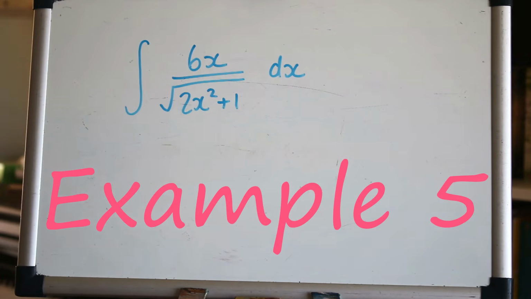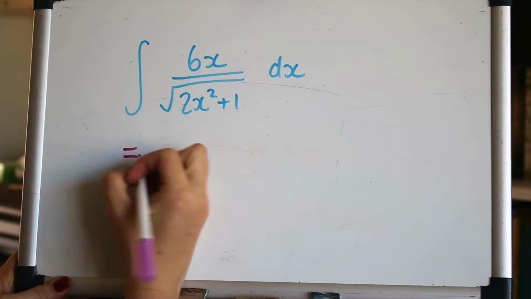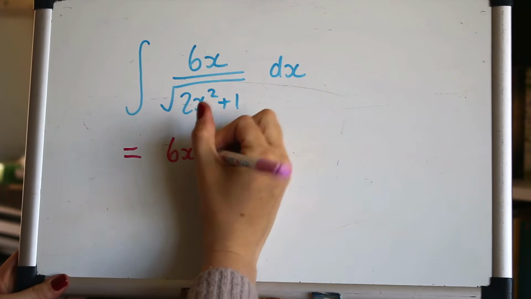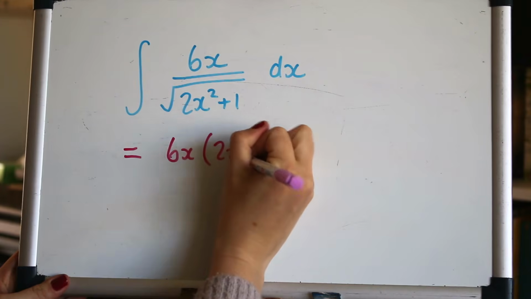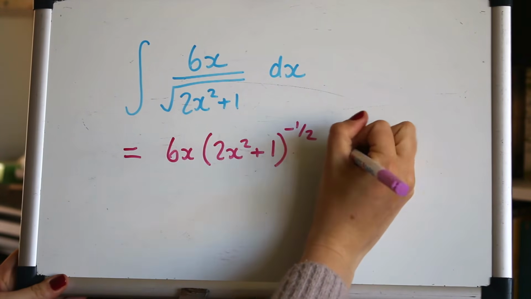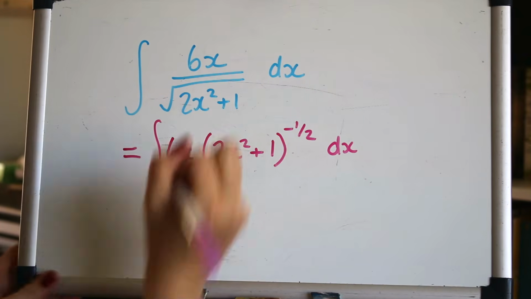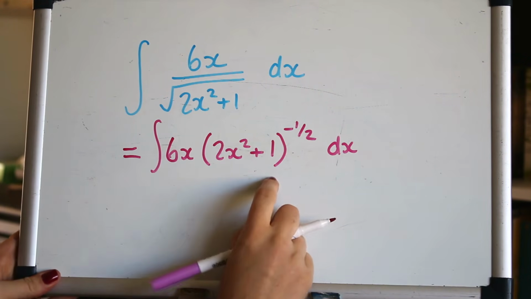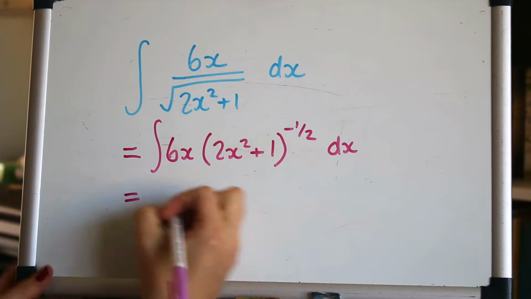Okay, number 5. This one is looking pretty fruity. Let's bring that top up and write it as a power, so we can see what we've got. Right, so we're integrating the outer and dividing by the derivative of the middle.